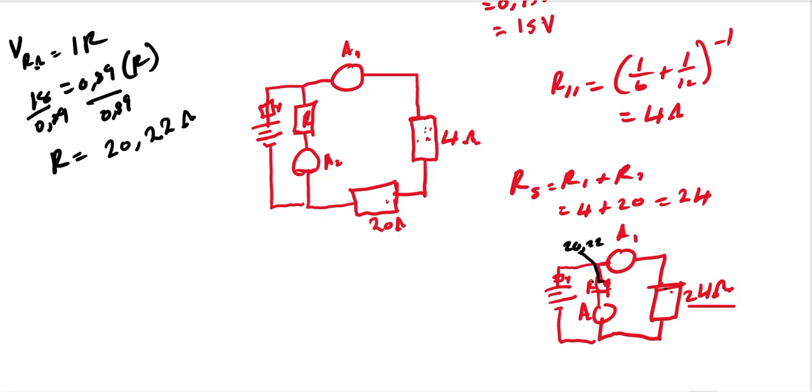Since they are in parallel here, let's add them with a parallel combination. When I say 1 all over R parallel, it is equal to 1 all over R1 plus 1 all over R2.